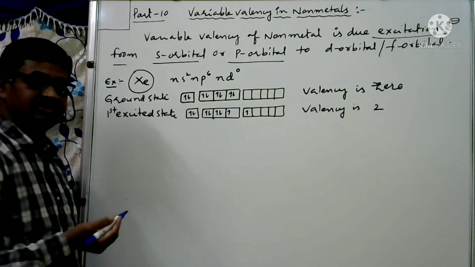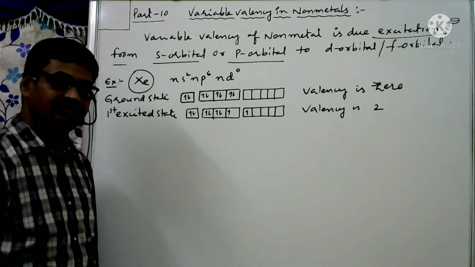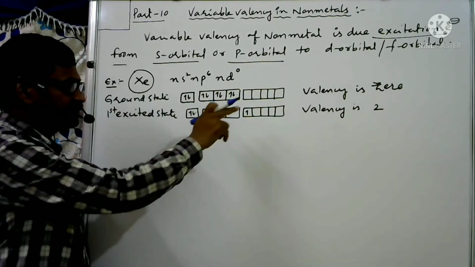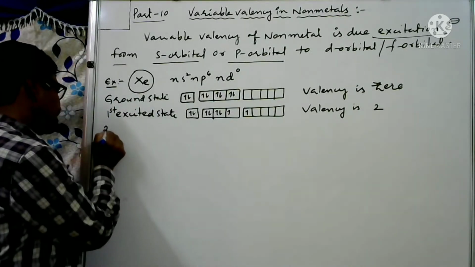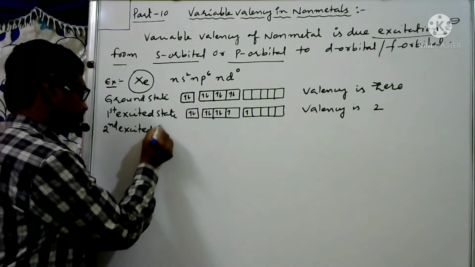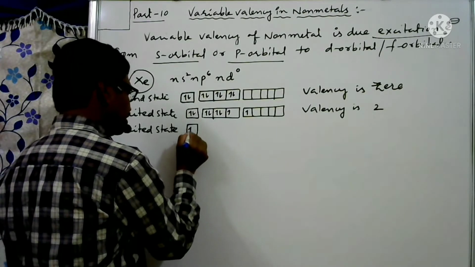Directly they may ask questions: in the second excited state, what is the valency of such and such compound or element? If it is xenon in the first excited state, valency is 2. Now I am writing the second excited state. Here, same thing, 2 electrons.